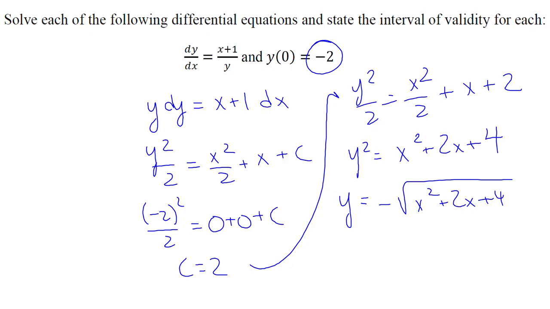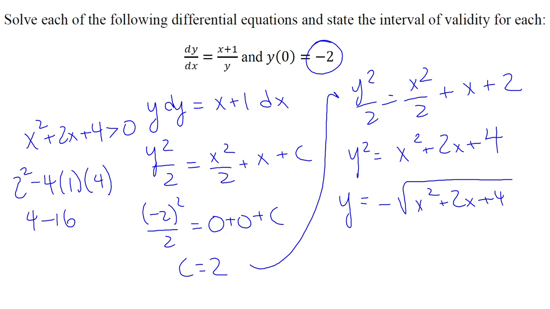We still do need to figure out an interval of validity. We have to make sure that x squared plus 2x plus 4 is greater than 0. Well, if you try to solve that to see if it has any x-intercepts, you'll see that if you do the discriminant, b squared minus 4ac, you end up with 4 minus 16, which is negative, which tells us that this quadratic never equals 0, and it's concave up.